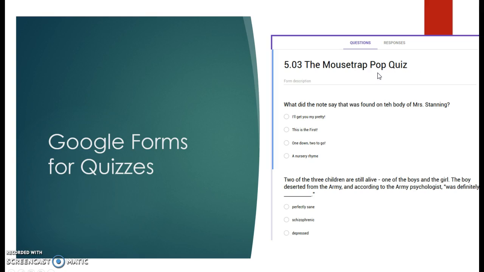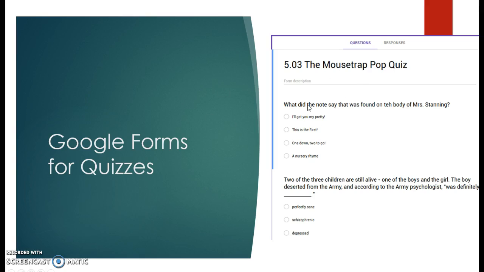The other thing I do with Google Forms is I sometimes do pop quizzes. I know students just love pop quizzes so much. This one here, and please ignore the typo, I missed that when I put the form together, is a pop quiz that I gave to my students over the Agatha Christie play that we were reading called The Mousetrap.